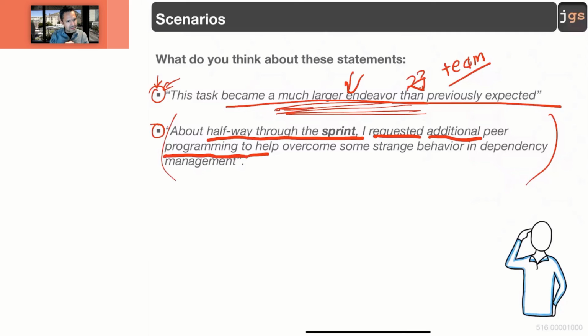Most important, the last one. This should be about the team. We're talking about team review, team retrospective. And probably the first thing that I want you to notice here, and thank you for mentioning, is this is about the team, not about one person. This is a big red light.